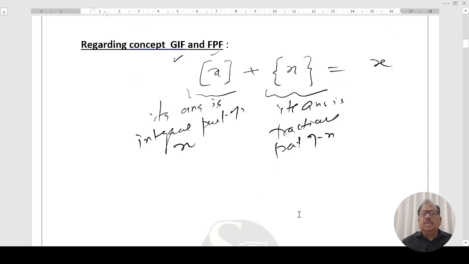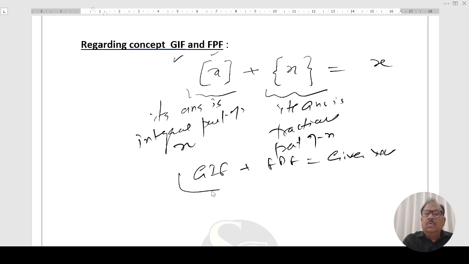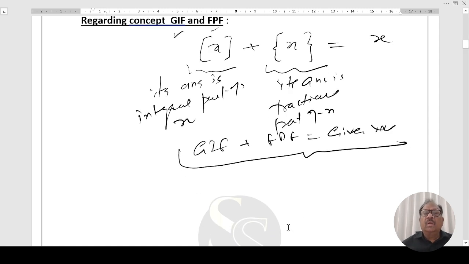And the sum of the greatest integer function plus the fractional part function is equal to the given number. Right?